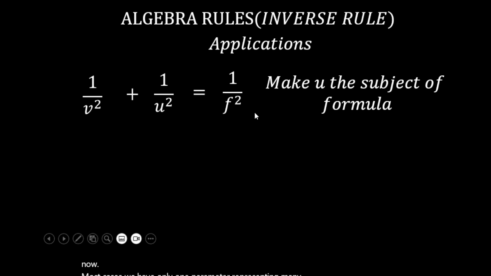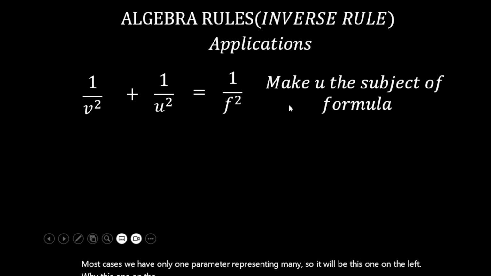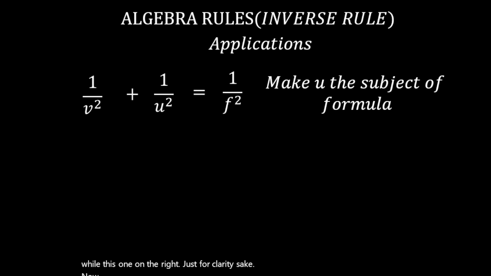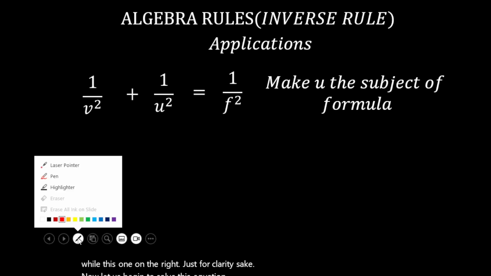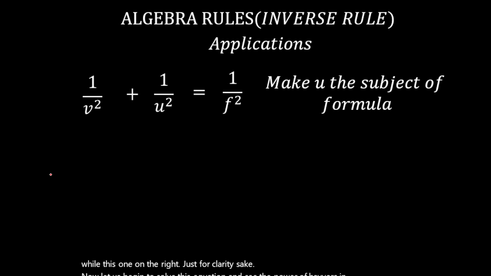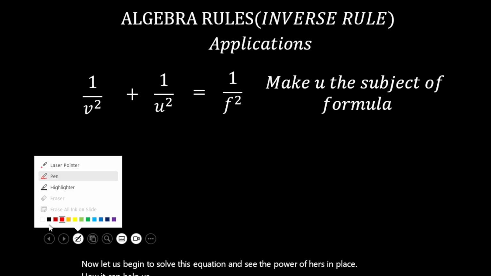So it will be this one on the left, while this one on the right, just for clarity's sake. Now let us begin to solve this equation and see the power of inverse in place, how it can help us to solve this equation one by one.